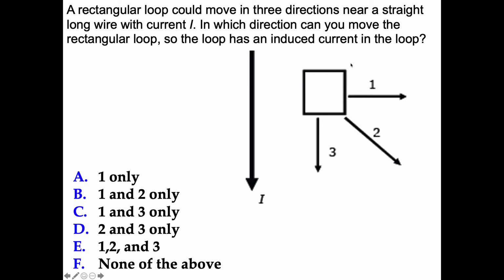So in order for us to answer this question, what criteria do we have to use? We need to have a changing flux, right? I mean, that's one way to look at it. If the rectangular loop, although it looks more like a square, moves to the right, is the flux changing through the loop?